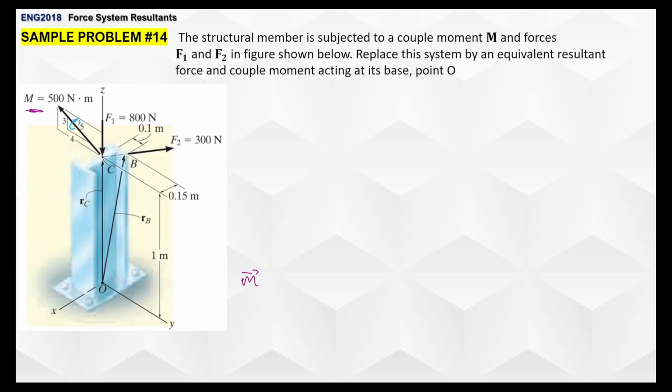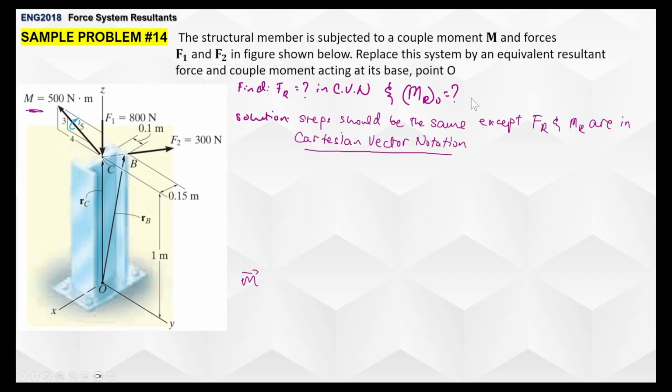Okay? So the first thing to do is, of course, you know what to find, which is the resultant force in Cartesian vector notation, as well as the resultant moment in Cartesian vector notation. So just like I said, steps should be the same, except the resultant force and the resultant moment are in Cartesian vector notation in the final answer.